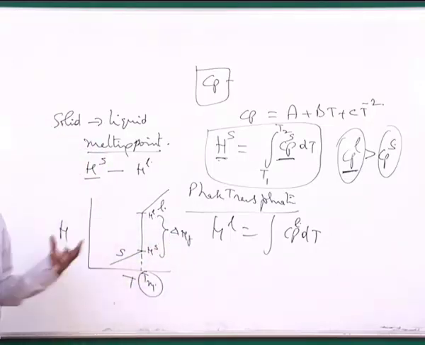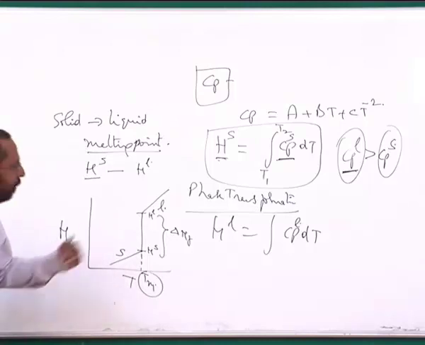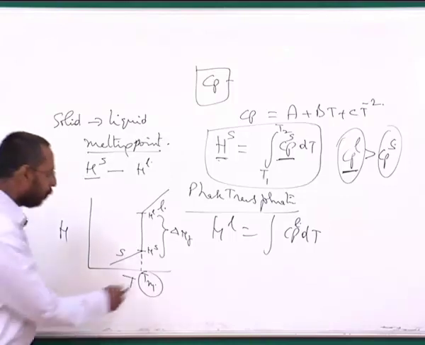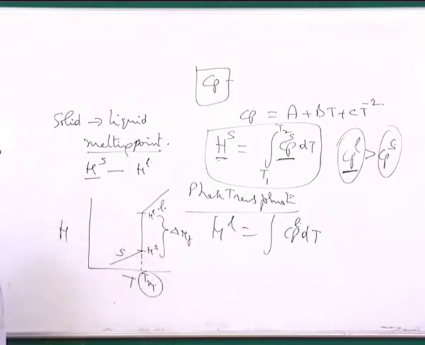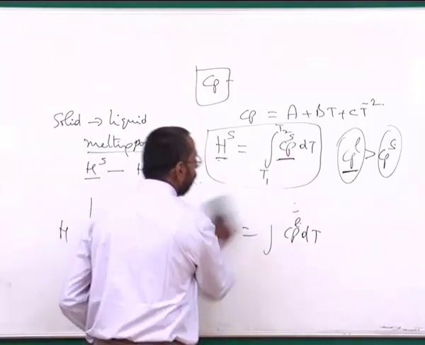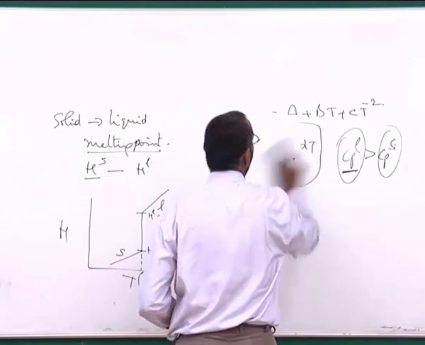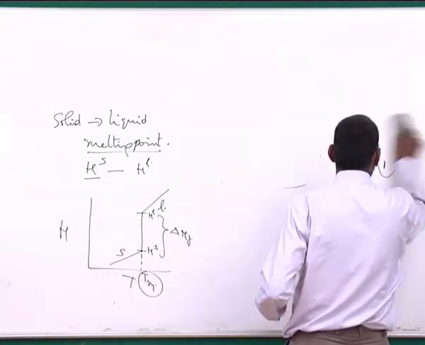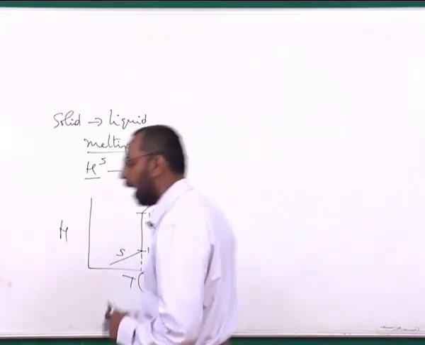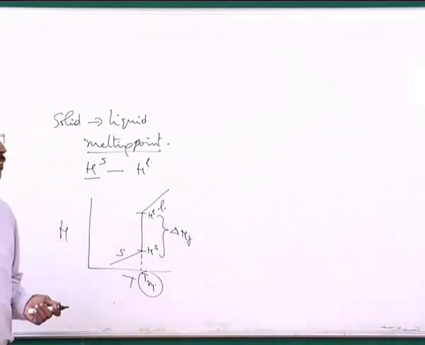And this is something which we can measure as a function of temperature, and from that be able to find out that there is a melting point. And this is usually the case when you have a first order transition. This is another point that one needs to understand, that not all transformations will have a certain delta H associated with it.